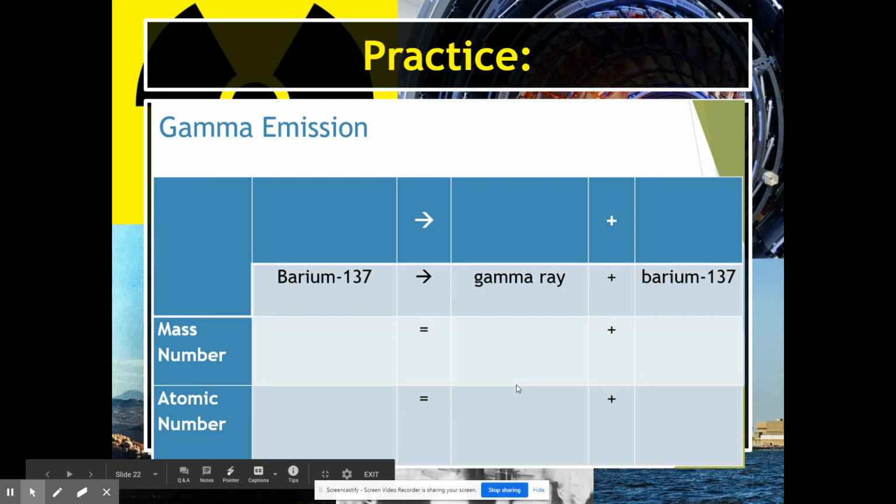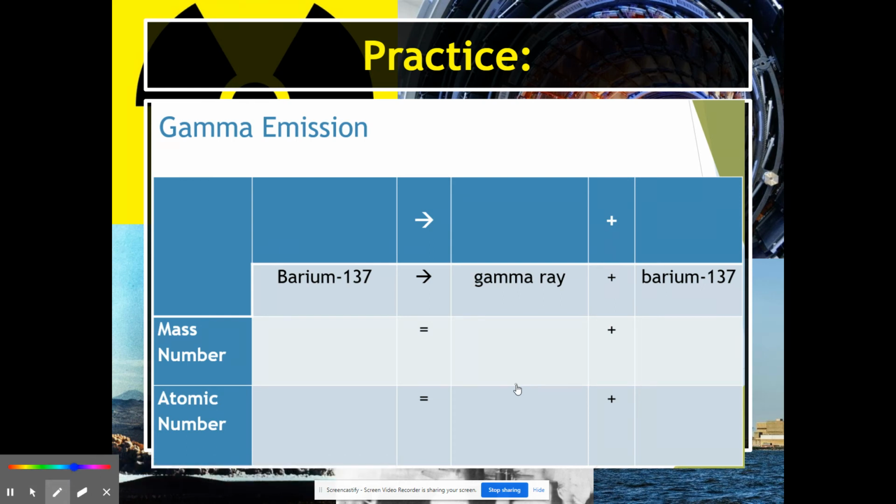Final type of radiation, gamma radiation. We're going to start with barium-137. Barium's atomic number is 56. Its mass number is 137 because it told us.